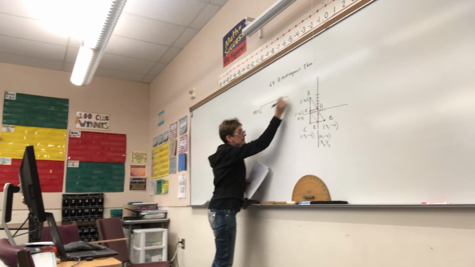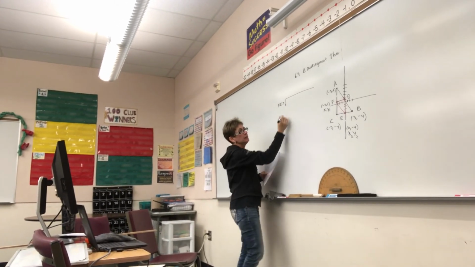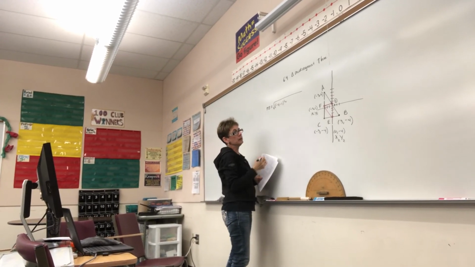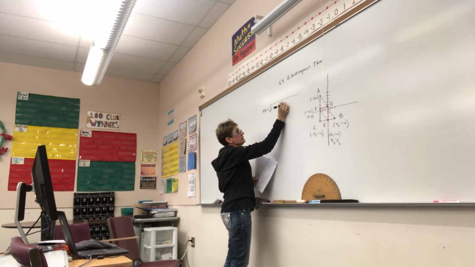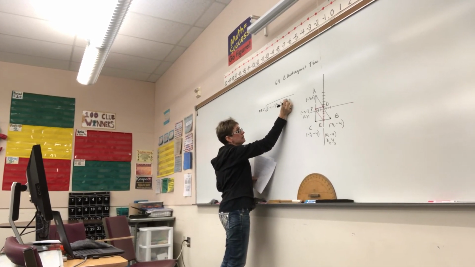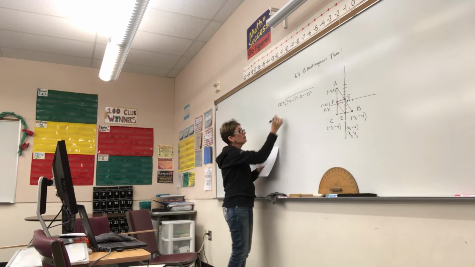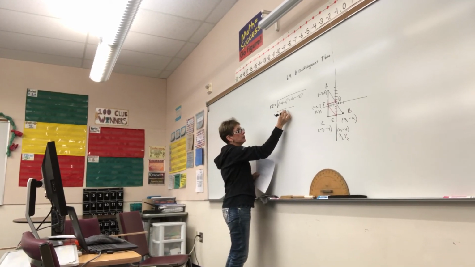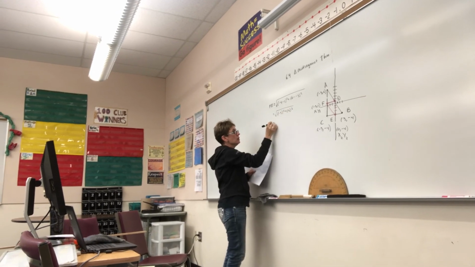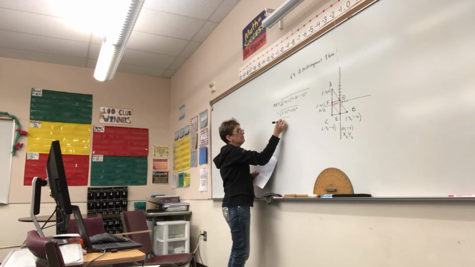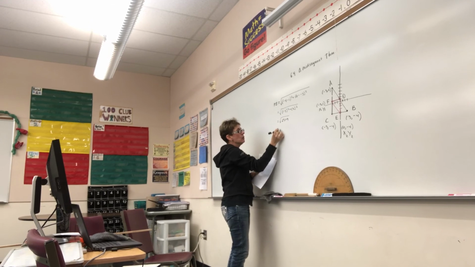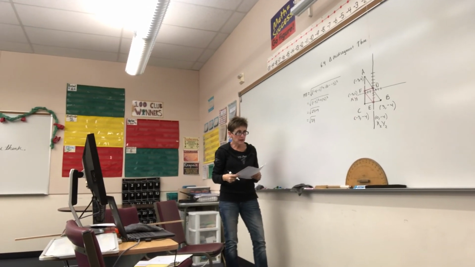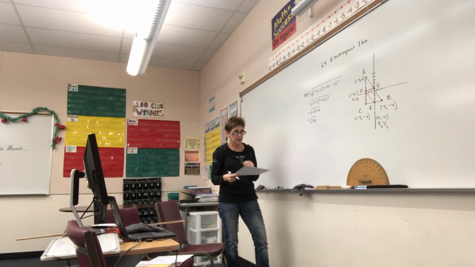When I calculate the distance of FE, it's going to be -4 minus 1 squared plus 0 minus -3 squared, or the square root of -5 squared plus 3 squared, which is the square root of 25 plus 9, or the square root of 34. So that would be the length of segment FE.